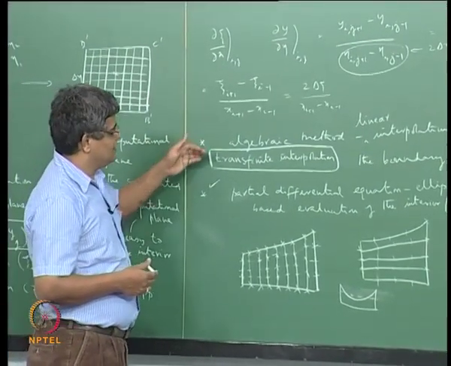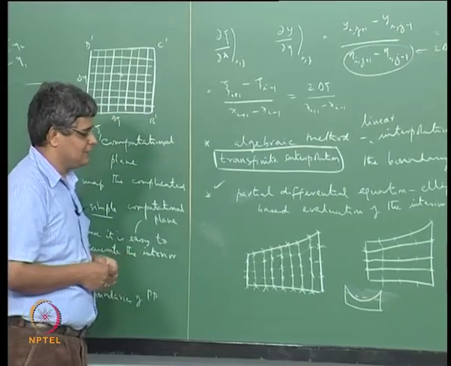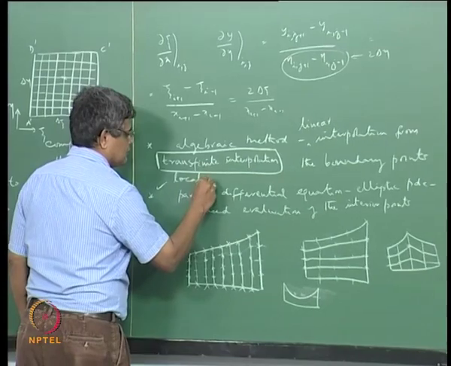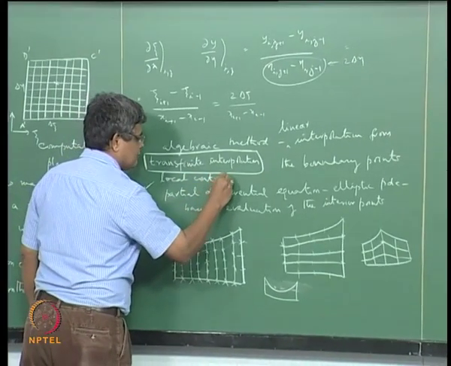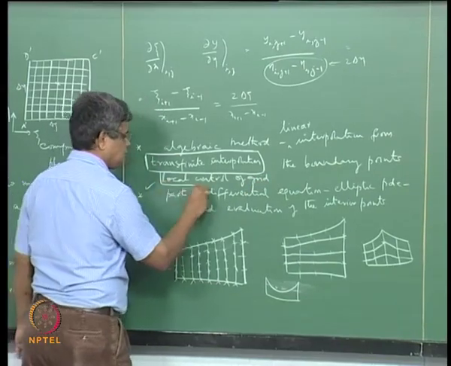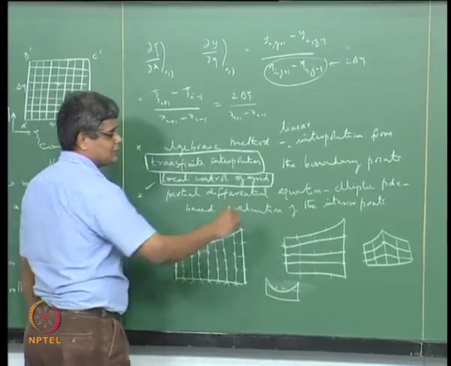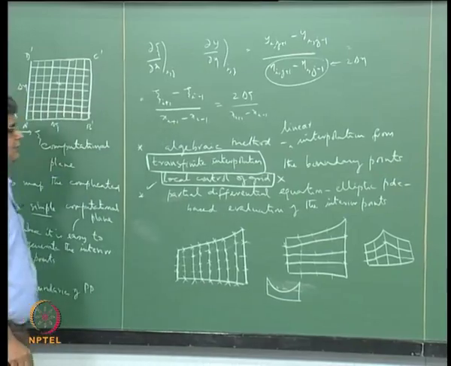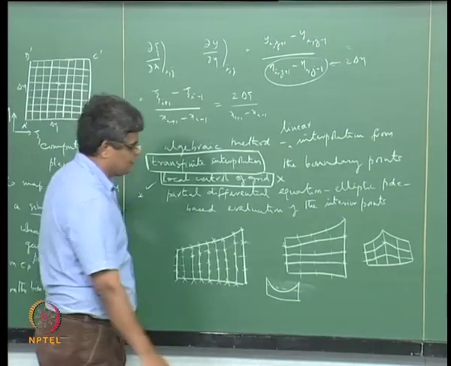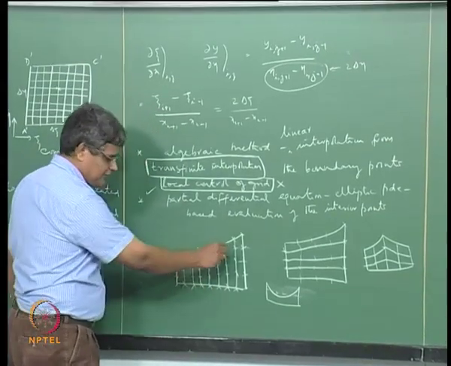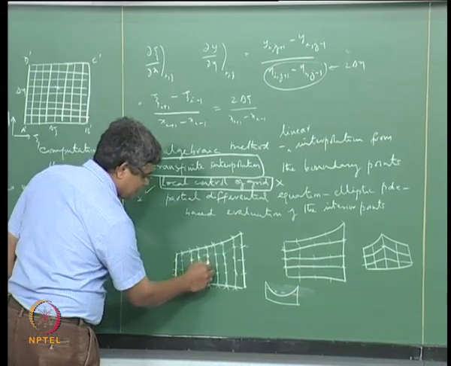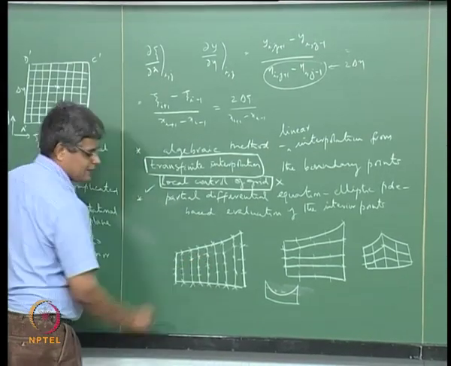One other disadvantage with the algebraic method is local control of grid. This is not there in the case of the algebraic method, in the sense that, let us say that you would like to have, in this domain here, strong gradients expected here, and you would like the grid lines to be closer here.